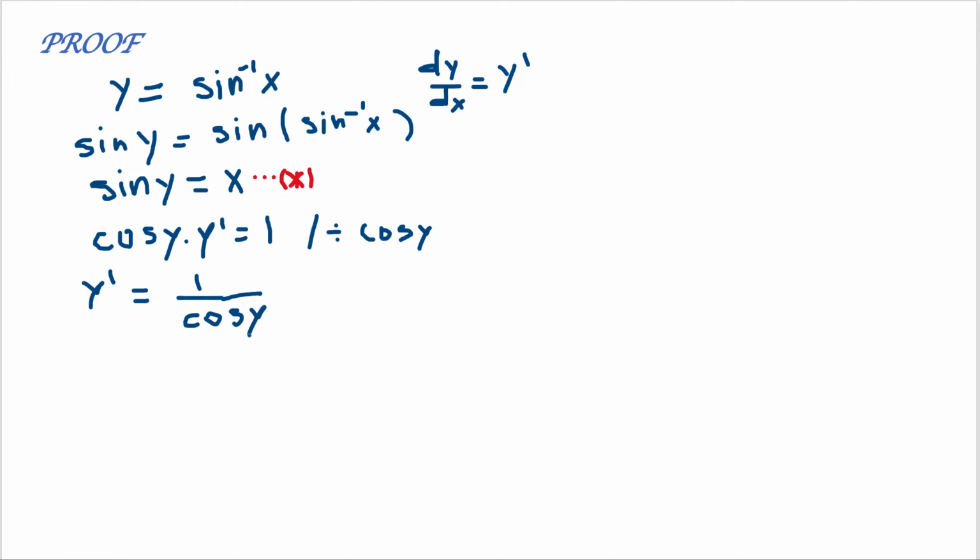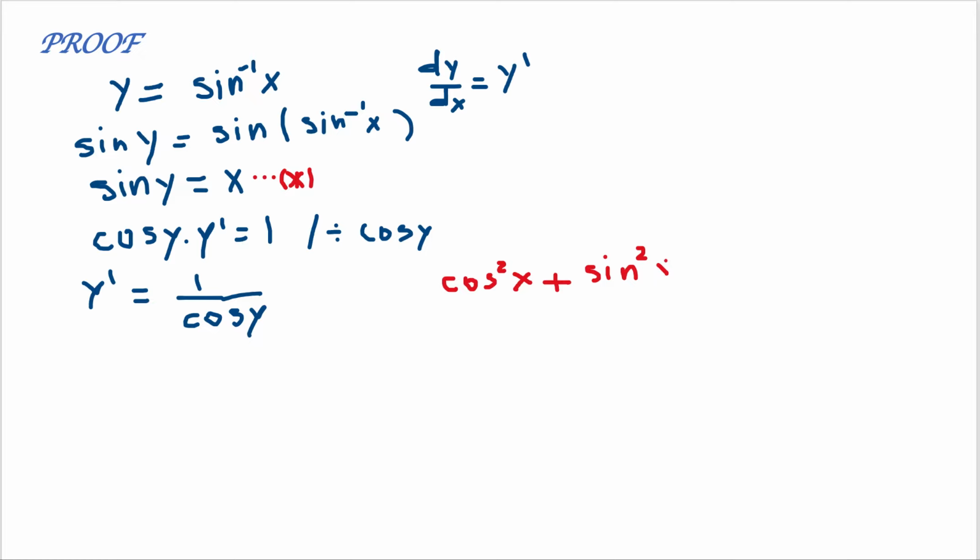Now, cosine y. But before I go any further, let me take here some trigonometric identity. We already know the trigonometric identity cosine square x plus sine square x is equal to 1. It's an important identity, because from this identity we can derive other important trigonometric identities.